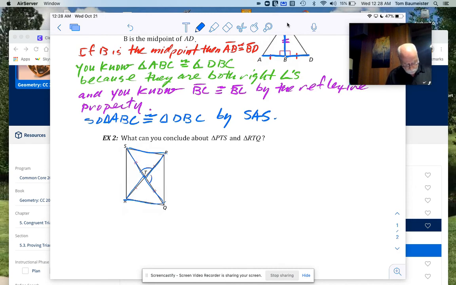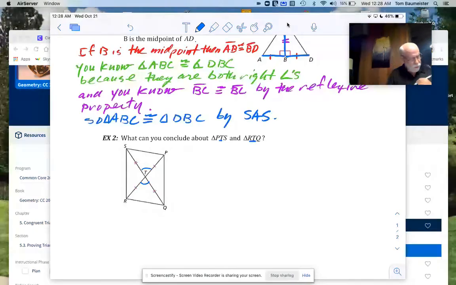There are actually four of them that have T in them, so it has to be the one in the middle, and that's what it's showing you right here, P, T, S. If those two angles are congruent, then I can state that those two triangles are congruent by side angle side.